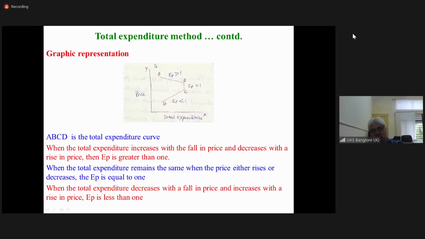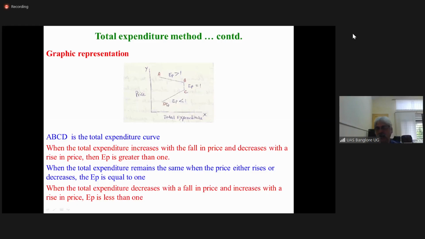So in this total expenditure curve, the first part is greater than 1: when the price falls, total expenditure increases. The second part represents EP equal to 1, where the total expenditure remains the same, whether the price increases or decreases within this range.